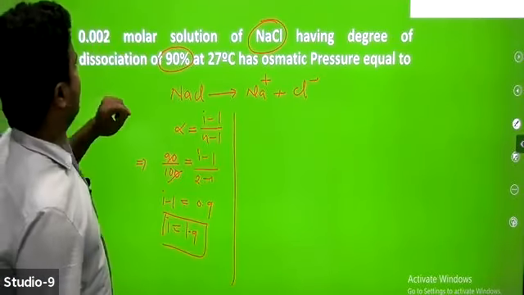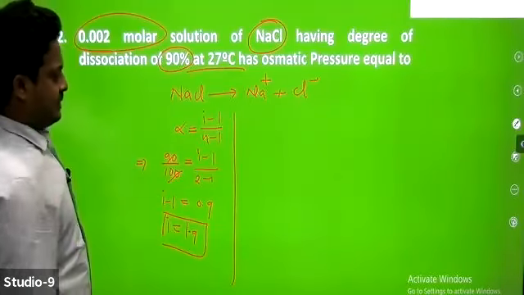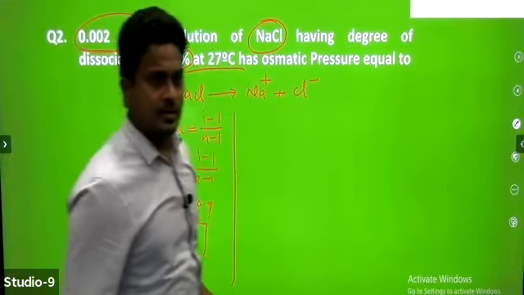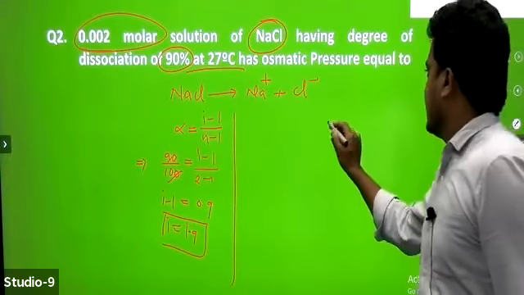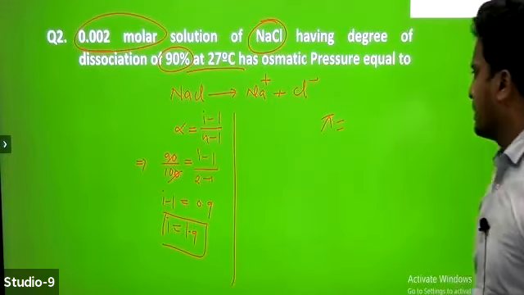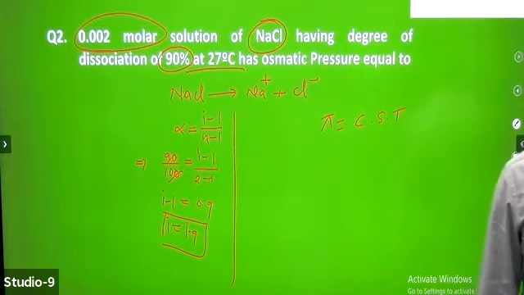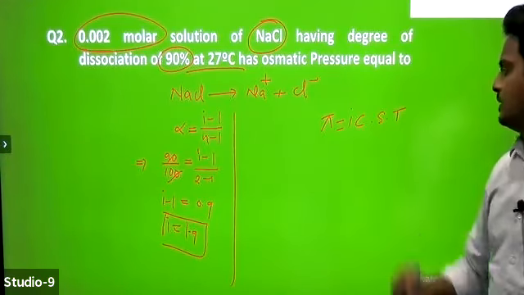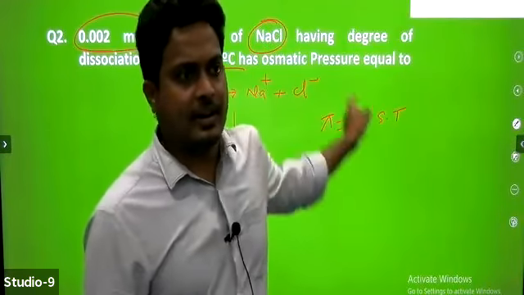Now concentration is given and temperature is given. How can we calculate osmotic pressure? Use the previous formula, pi equals i into C into S into T. When urea, glucose, sucrose are taken, what is the i value?